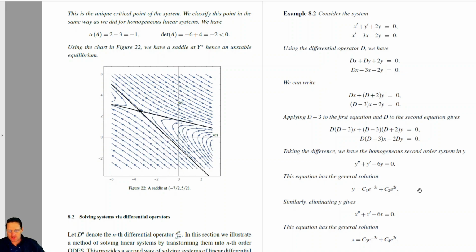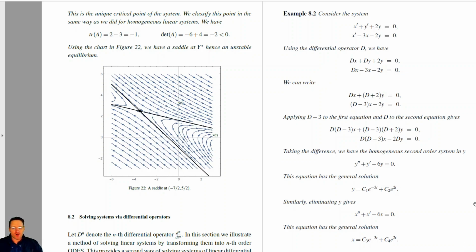We have y equals c1 e^(λ1 t) plus c2 e^(λ2 t). So λ1 and λ2 are -3 and 2 respectively. So λ1 next to the t, λ2 next to the t there.